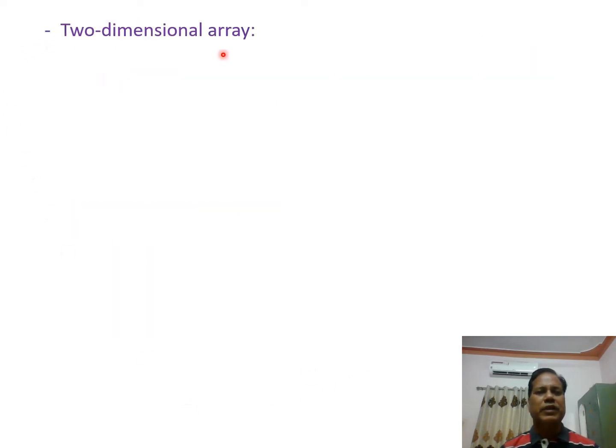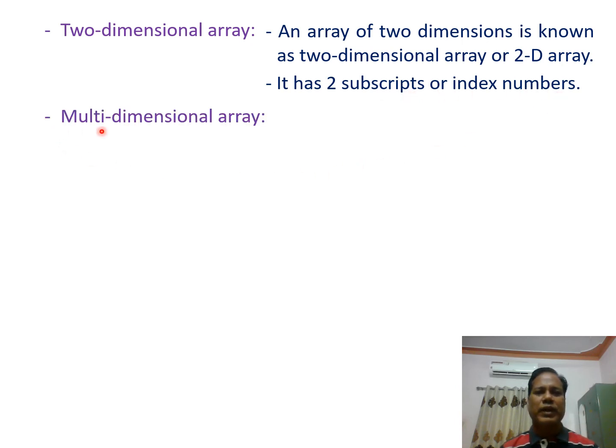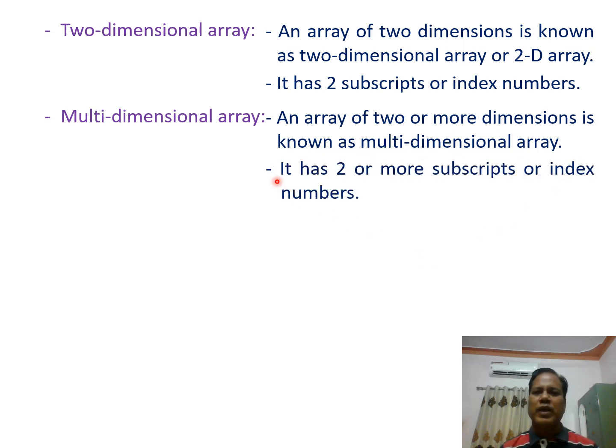Then two-dimensional array: an array of two dimensions is known as a two-dimensional array or 2D array. It has two subscripts or index numbers. Then multi-dimensional array: an array of two or more dimensions is known as a multi-dimensional array. It has two or more subscripts or index numbers.